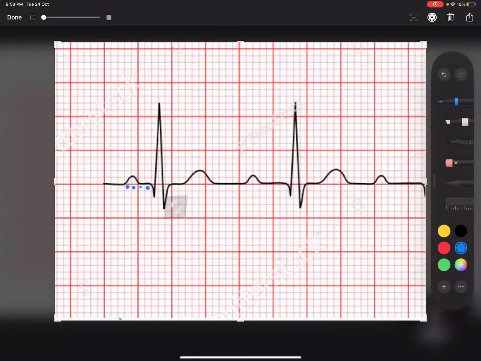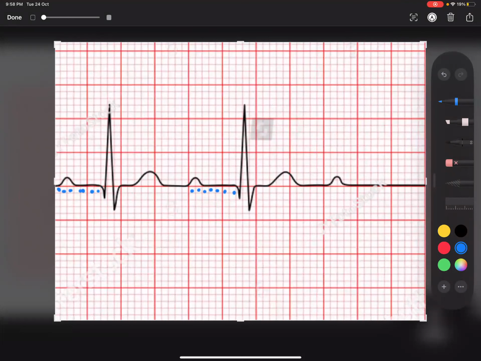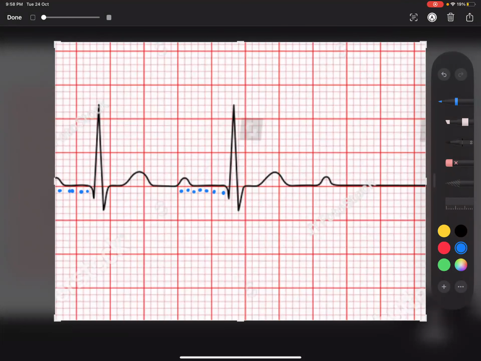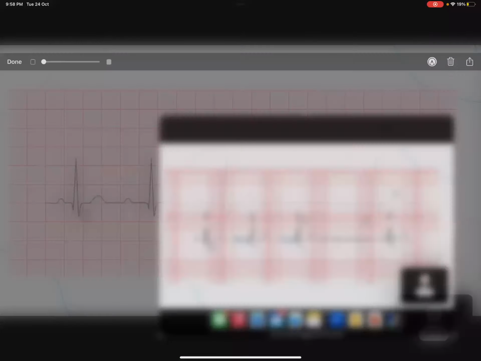Then here it's 1, 2, 3, 4, 5, 6, 7. And here it's 1, 2, 3, 4, 5, 6, 7, 8. So it keeps prolonging slowly until it drops the whole QRS wave. We don't even have a QRS. That's a very important point.